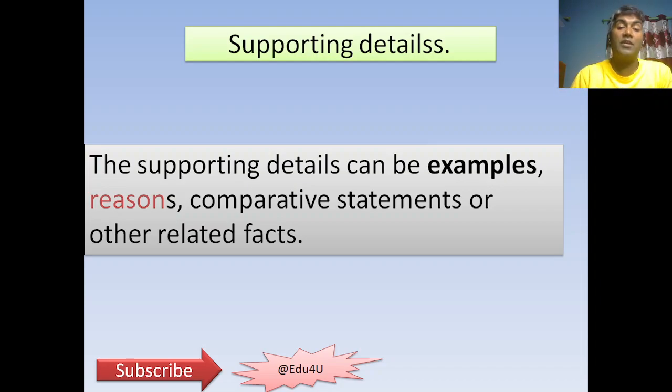They cannot be about a friend, they cannot be about another person's village, or about other countries. If all the sentences are related to your village, they are the supporting details. So there can be examples, reasons, some comparative statement or some other related fact on the topic on which you are writing.